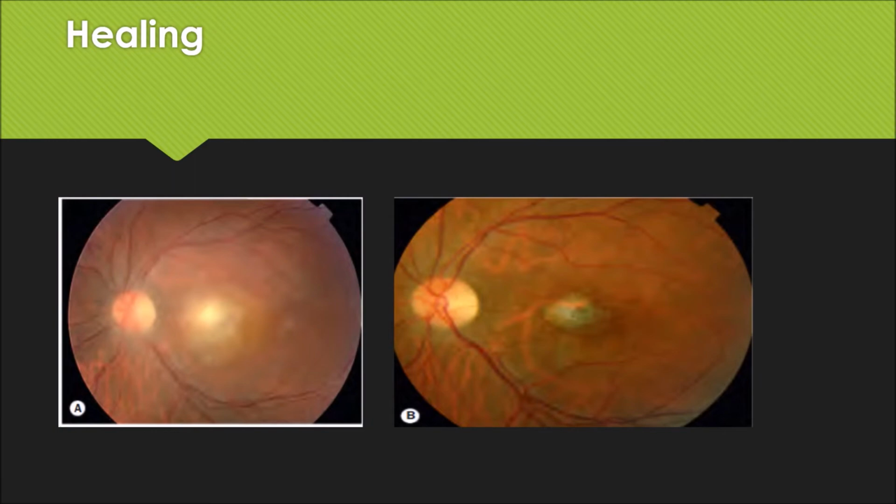The inflammatory focus is replaced by a sharply demarcated atrophic scar that develops a pigmented border. So this picture here shows moderate activity, and this is following 3 months of antibiotic treatment, the scar formation.